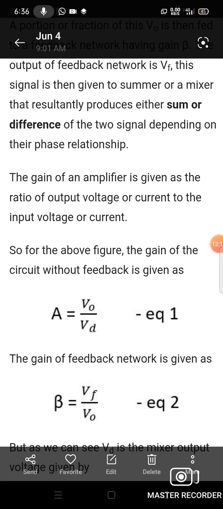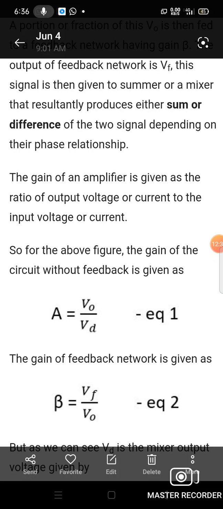In this equation, Vs is not considered in the denominator because this gain is only the amplifier gain, not the feedback amplifier. So in the block diagram we have two blocks, one is the amplifier and the other is feedback. For this gain, equation 1, A is the gain.